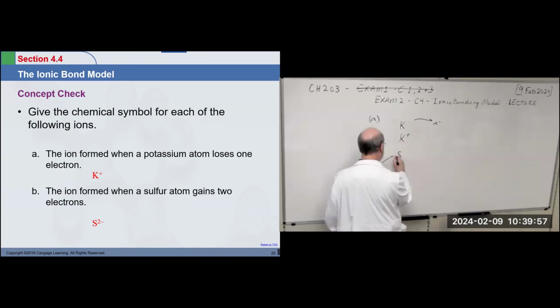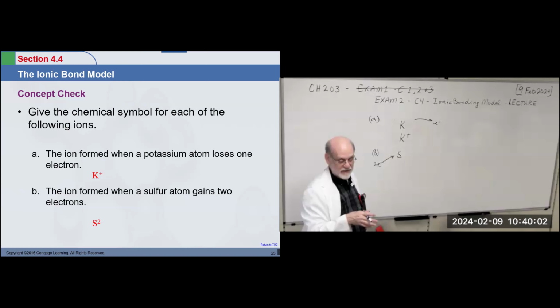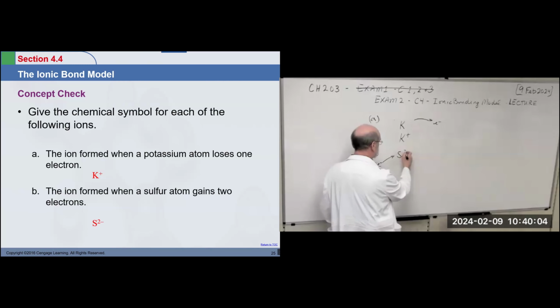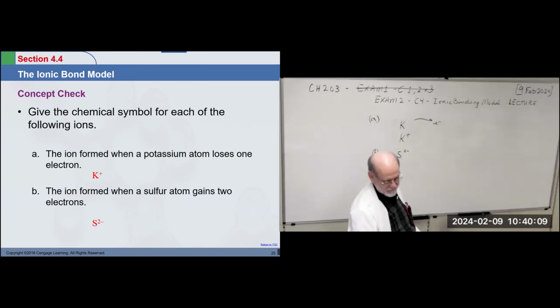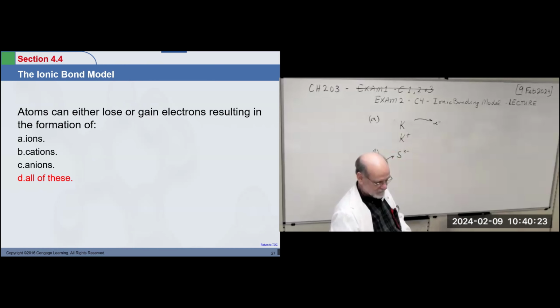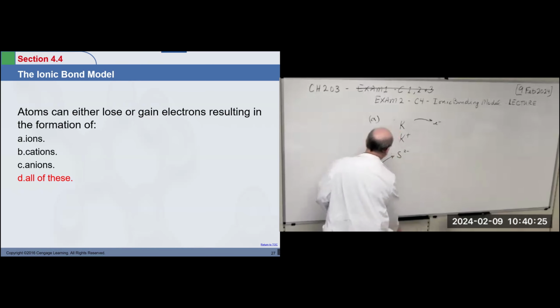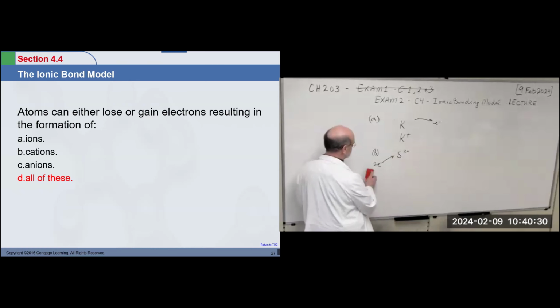If it's going to gain two electrons, now it's excess negative. It's excess two negatives. So it's going to be a 2- charge. All right. Atoms can either lose or gain electrons, resulting in the formation of ions, cations, anions. All of those are correct. These are both ions. That's a cation, that's an anion.